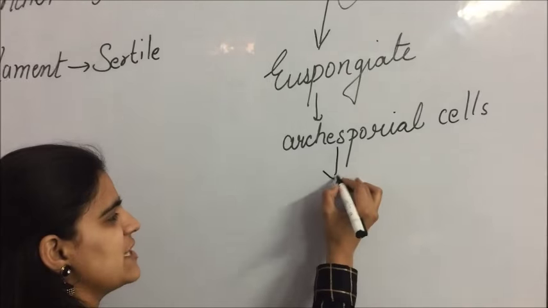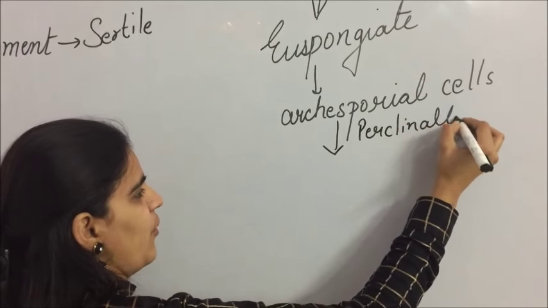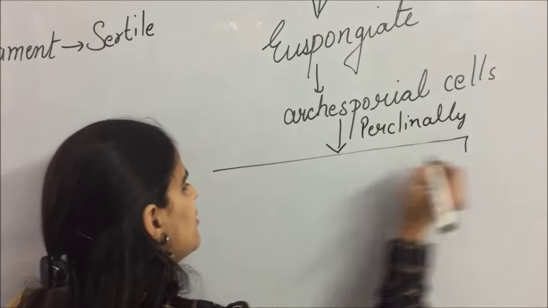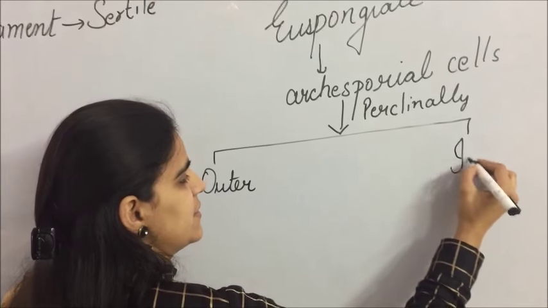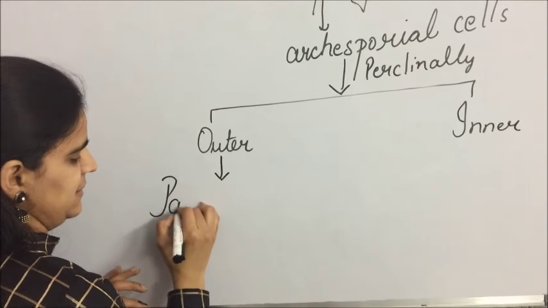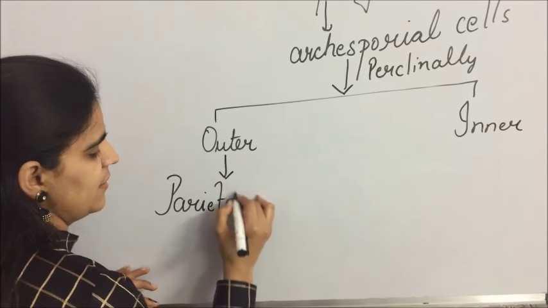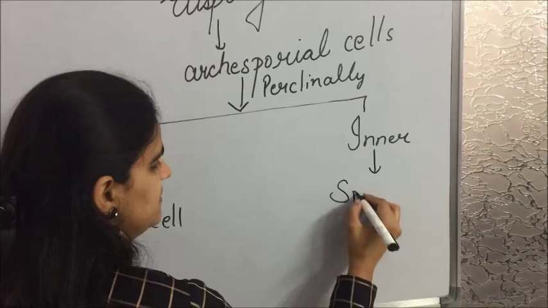These cells first divide periclinally and form two layers. The first one is the outer and the second one is the inner layer. The outer layer is called parietal cell and the inner layer is called sporogenous cell.